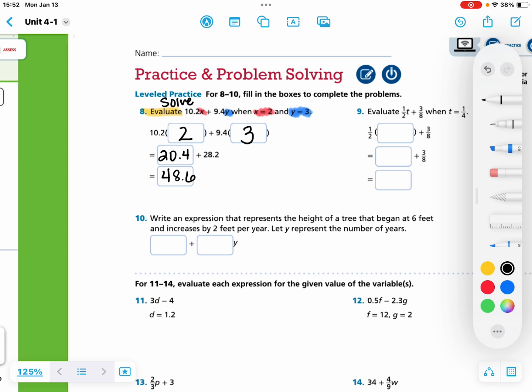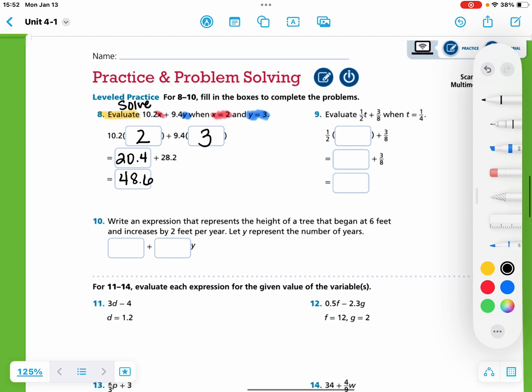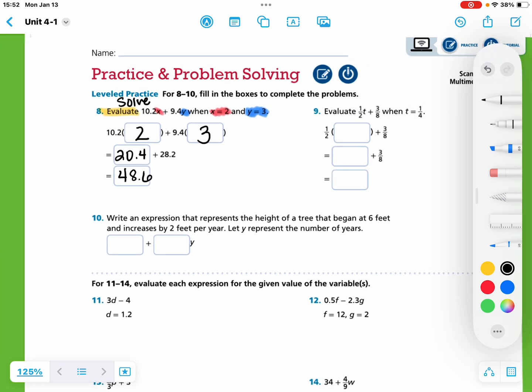That is it. Don't let number 9 having these fractions change that result. T is equal to 1/4. And you have 1 t there. You're going to plug in 1/4 where that t is and solve.